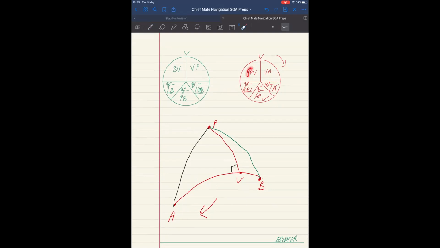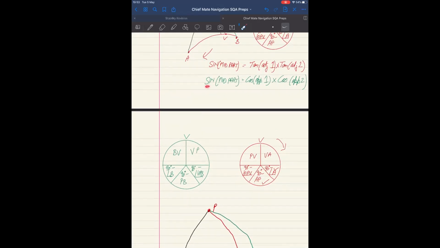So when we say we need to find out PV, we can simply use the opposite formula, because for calculating PV, this was the adjacent, this was the adjacent, and this was the opposite. So we will simply use the formula, which is sine of mid part equals cos of opposite 1 times cos of opposite 2. You can name any one as opposite 1, and you can name the other whichever is left.